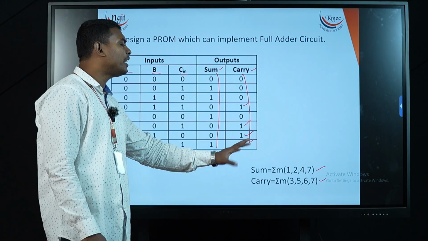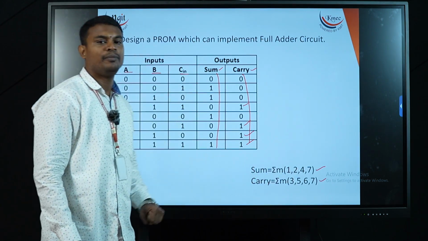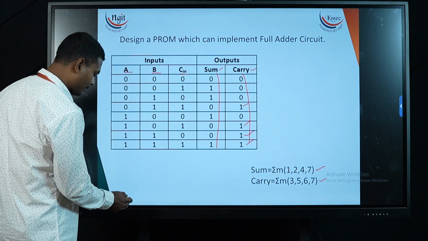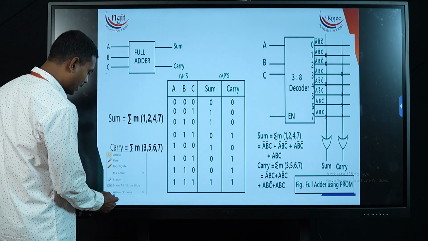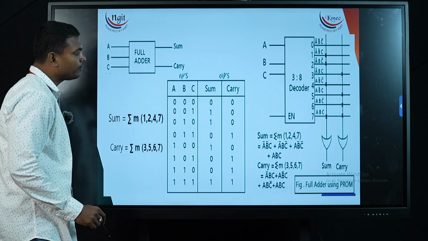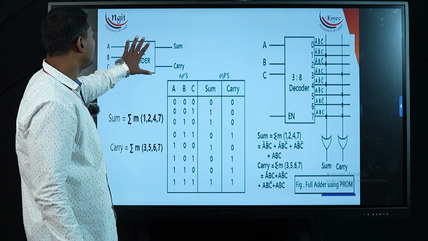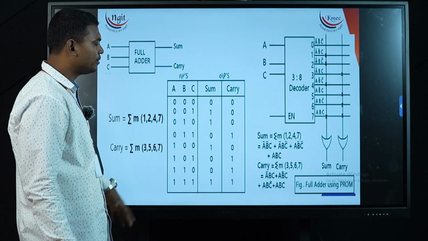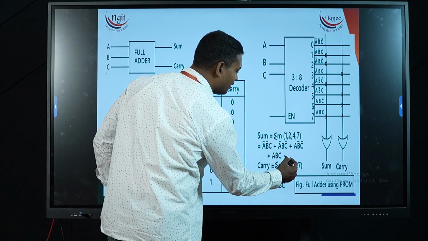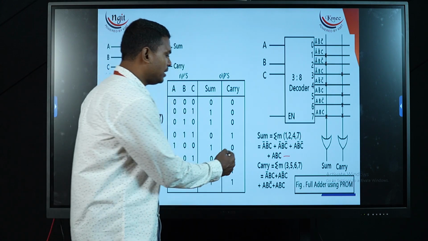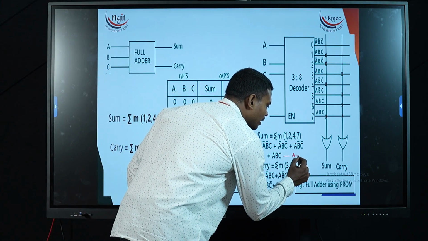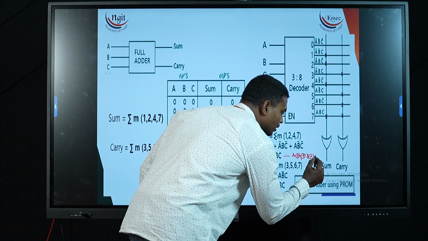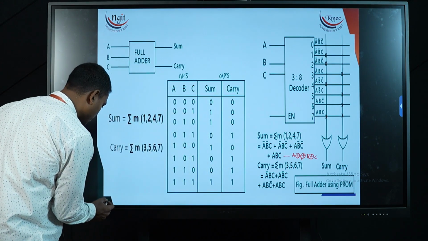Now let's see what I have to do using these minterms. Now comes the actual implementation of our diagram. This is the full adder with inputs A, B, C generating sum and carry. This is the table, and we got all our minterms. Using the minterms, I got my expression also.